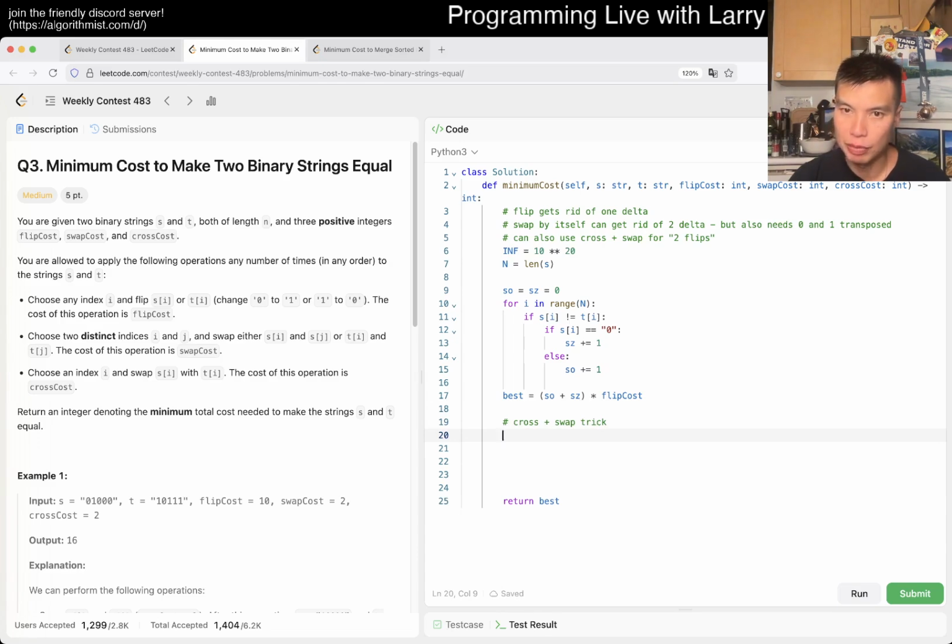That means that for every pair of S0 and S1, every pair, we swap cost plus cross cost, right?